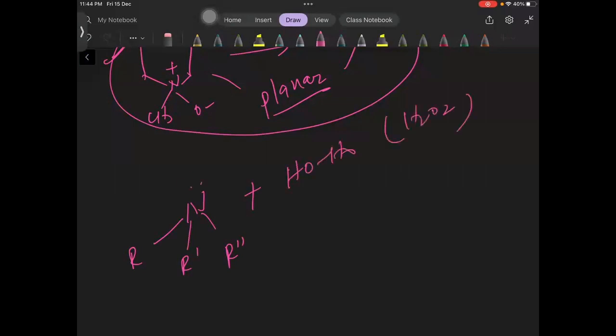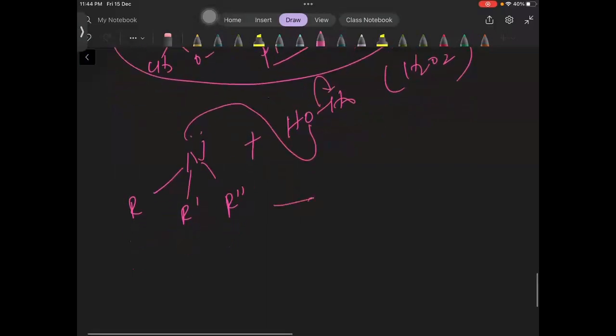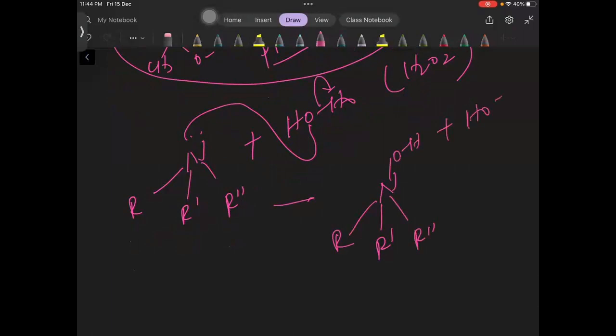Now the lone pair will attack here on the oxygen, that will turn here. So what will happen? R', R'', OH. Now you have OH negative, because here it will attack on these hydrogens and it will form O negative, R', R''. Did you understand? So this is the logic and strength of Cope eliminations.